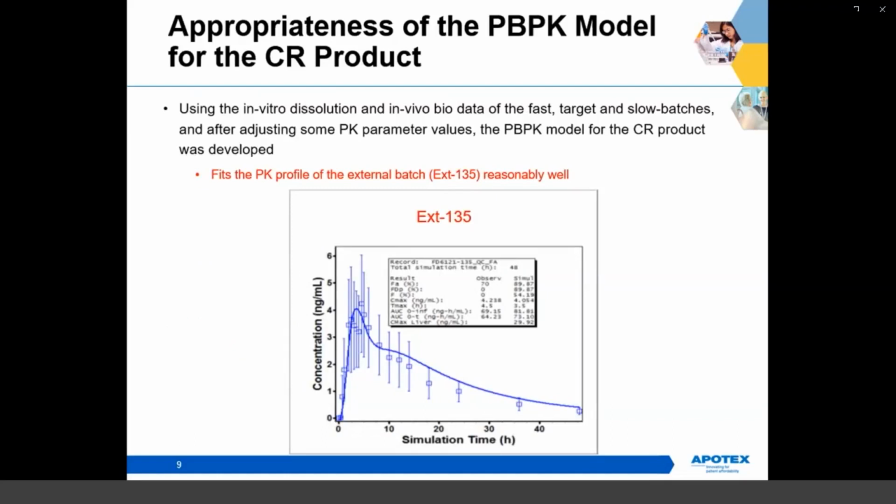The appropriateness of the PBPK model for the CR product was tested by simulating the PK profile of the external batch 135 and comparing that to the actual bio data. Now, as shown in this figure, the blue curve represents the simulated PK profile of batch 135. As you can see, the profile fits the actual bio data of batch 135 reasonably well.